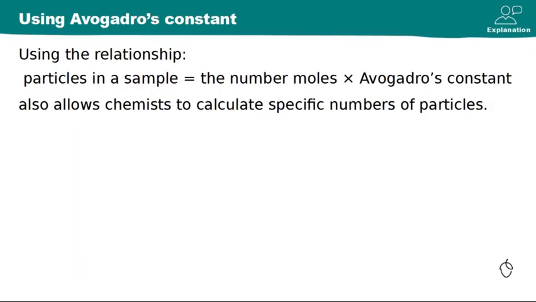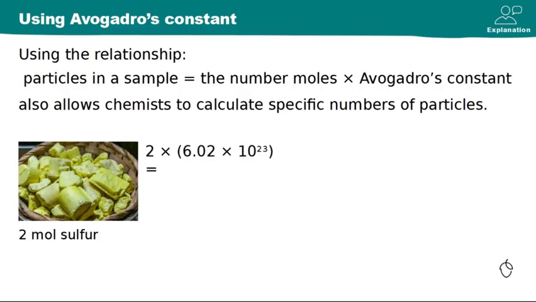Okay, so using this relationship, particles in a sample is equal to the number of moles times Avogadro's constant, it also allows chemists to calculate specific numbers of particles. So if we had 2 moles of sulfur, the number of particles present would be 2 times Avogadro's constant, which would give us 12.04 times 10 to the 23 atoms of sulfur.